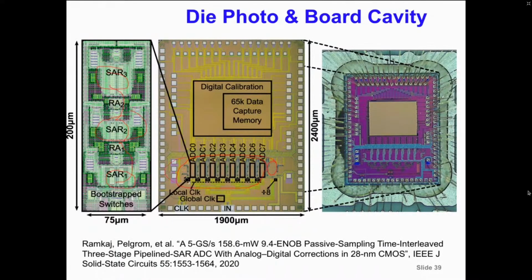You also see that the ADCs over here are the minor part of the design. The calibration and the memories are the bigger part, and this is the real thing with bonded output stages.